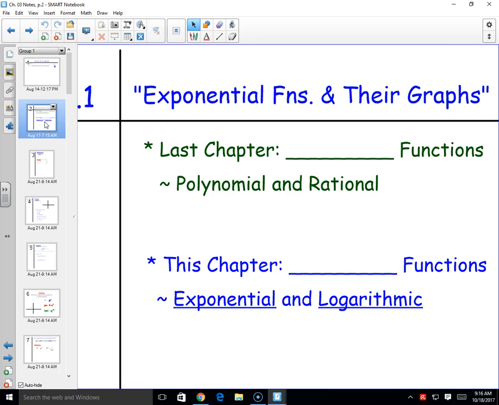Cool kids. I've heard you say at least a couple times this year, like, oh, that's how you're supposed to do it. It's okay. We'll do that with this too. All right? What I want you to think about, basically the whole chapter, exponential and logarithmic functions, there are lots of little puzzles. Or you can think about them as lots of little games.